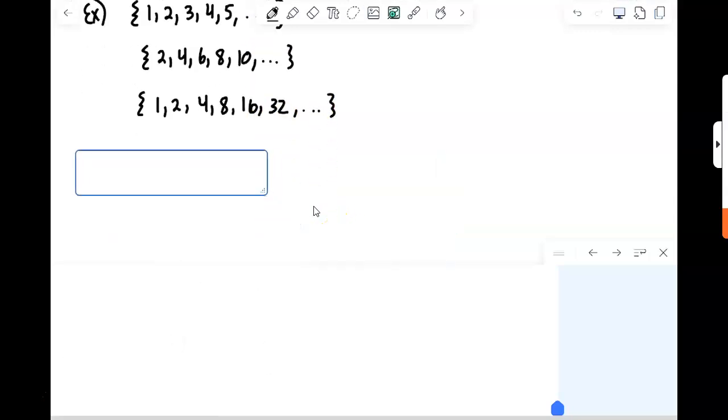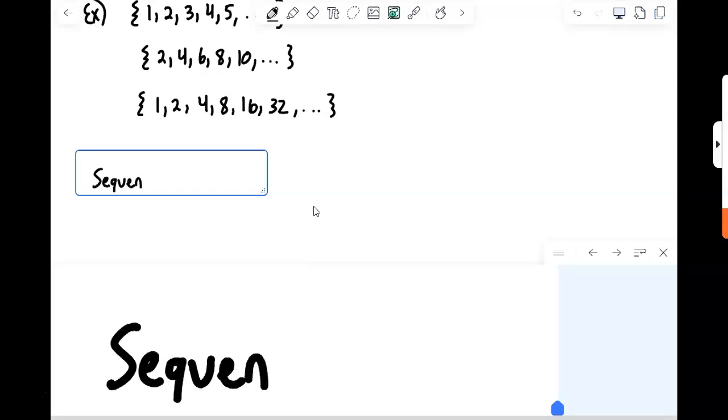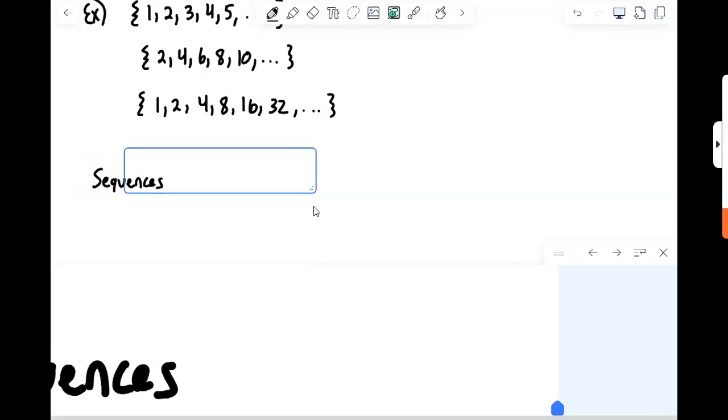Now, sequences can be defined in different ways.